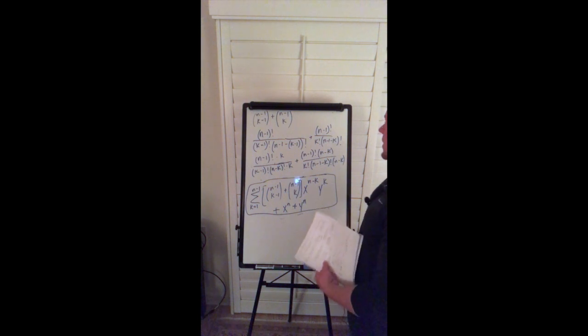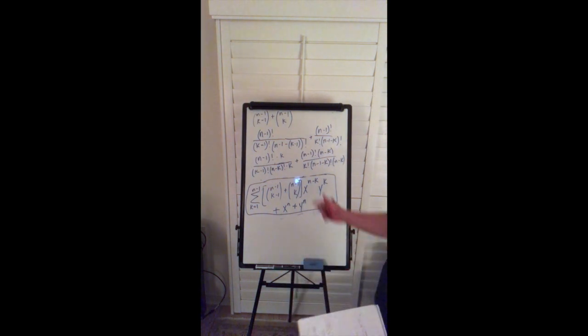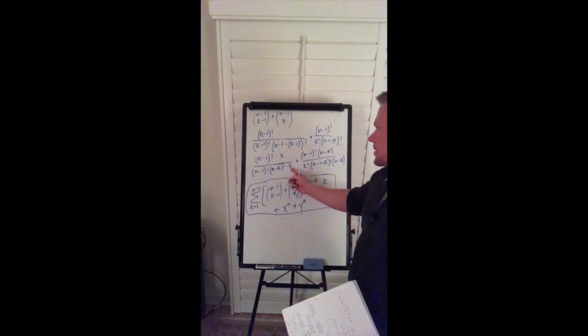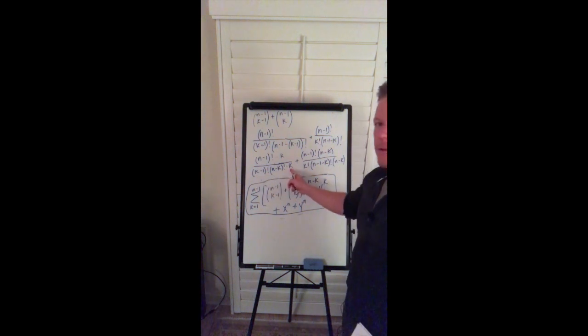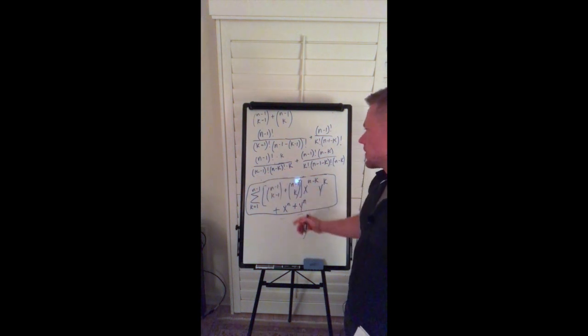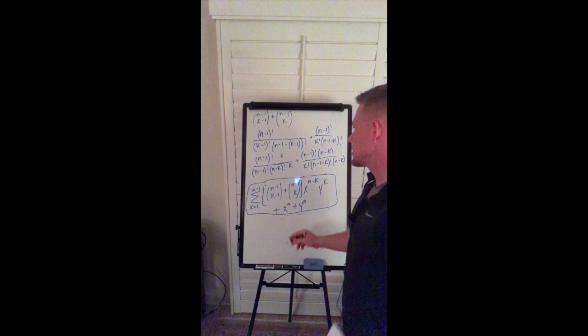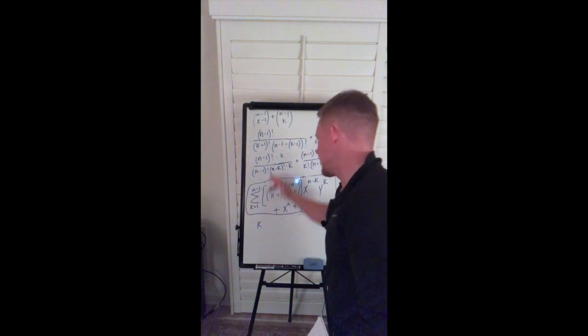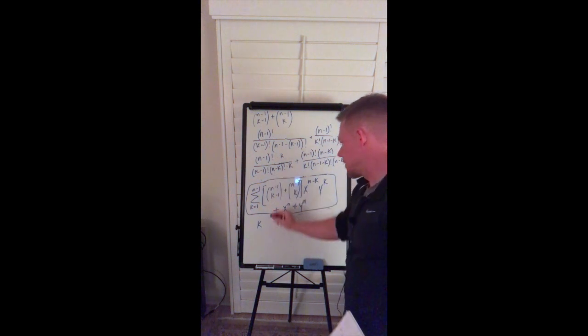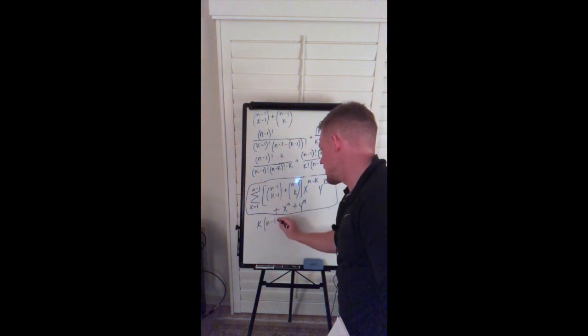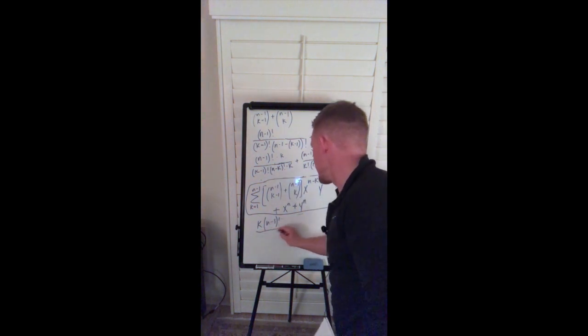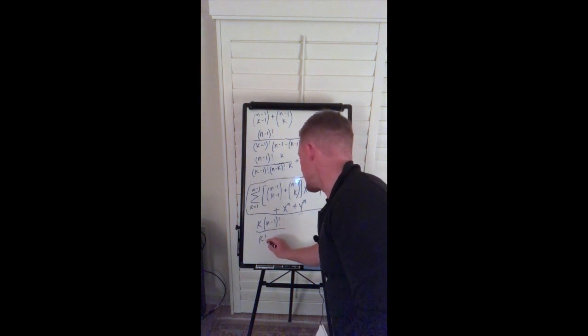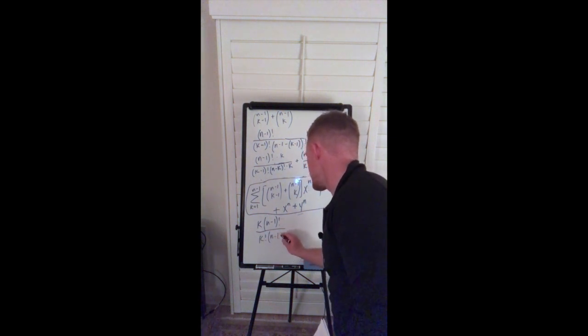Okay. Now, the cool thing about this is that k minus 1 factorial times k is the same as k factorial. So we can rewrite this as k times n minus 1 factorial over k factorial times n minus k factorial.